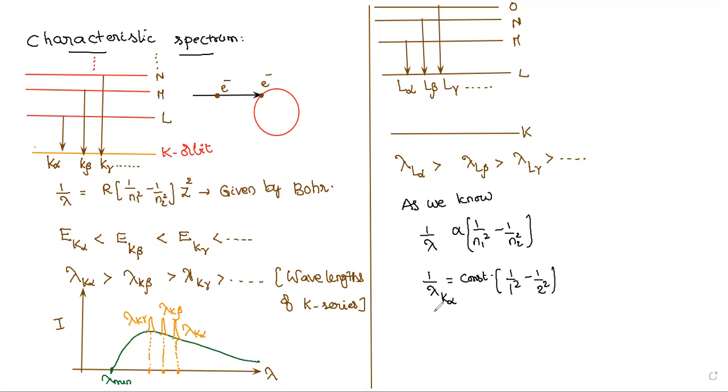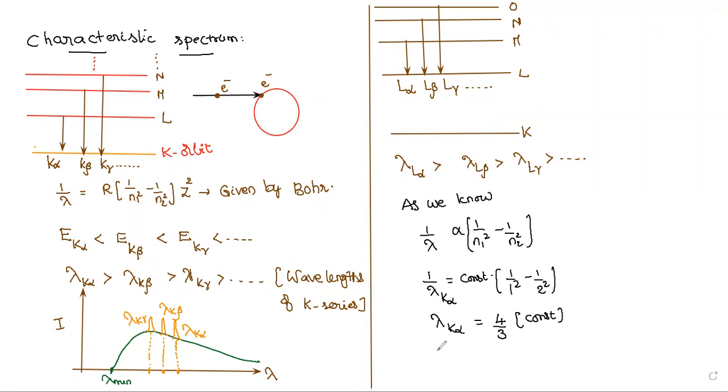So you are getting lambda of K alpha equal to 4 minus 1, 3, 4 by 3 into some constant. 1 by constant, some other constant you will get after reciprocal. Okay, you will get like this.